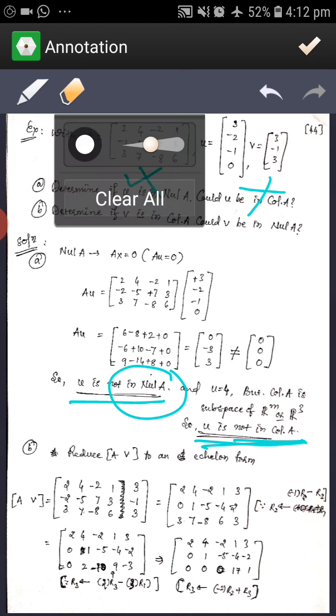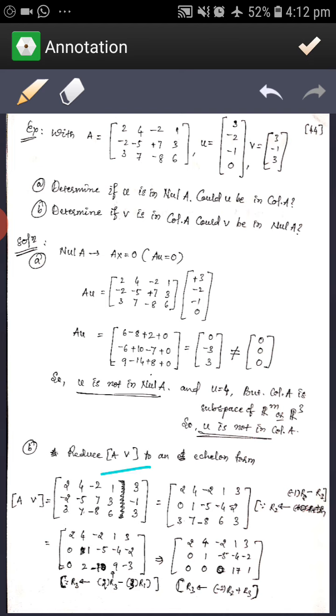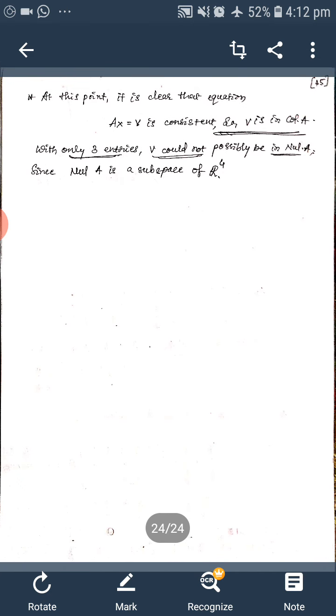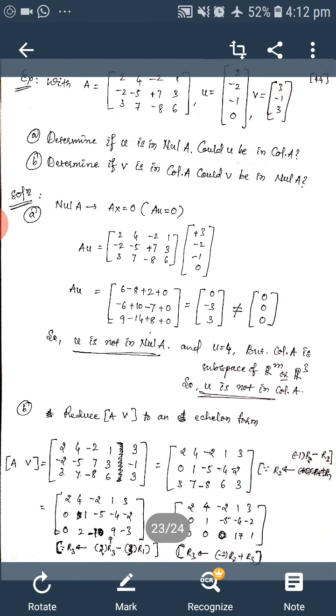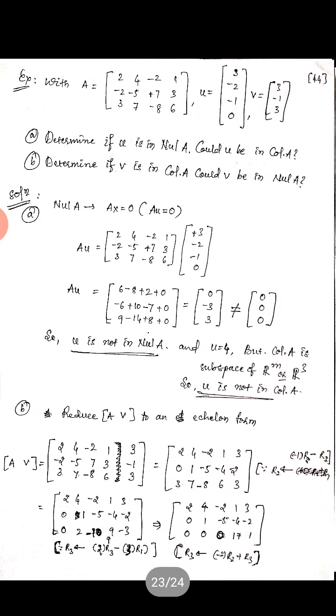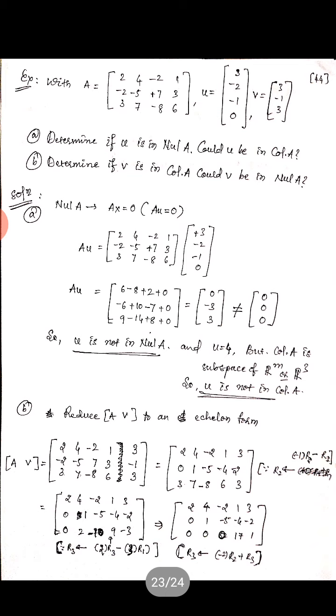If you go for the second one, AV, again you calculate, with row operations, matrix multiplications you can do. Here, after reducing, in the row echelon form, it says that this is consistent because the fourth variable is not 0.